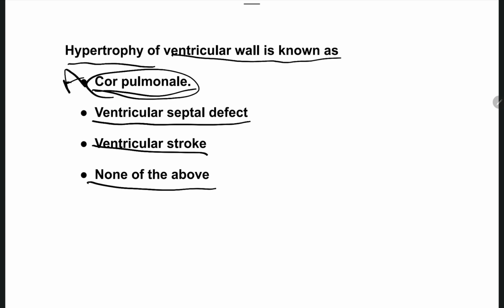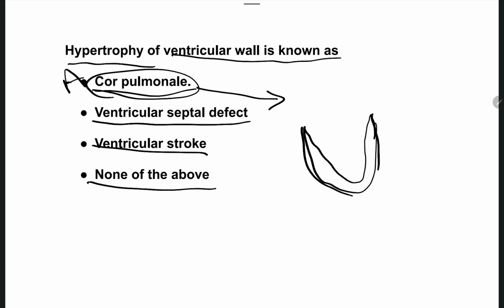So cor pulmonale is a condition when the ventricular wall, okay, this is the heart and this is the ventricle, the thickest layer of the heart is the ventricular wall. So in this condition, the ventricular wall becomes very thick. Why? Because we mainly see this in the case of ventricular septal defect.